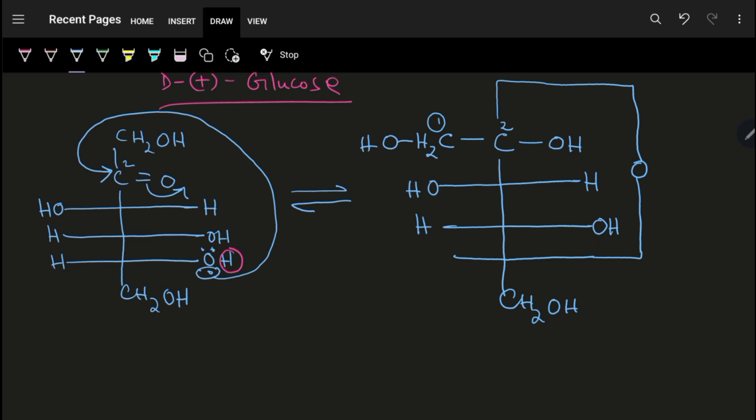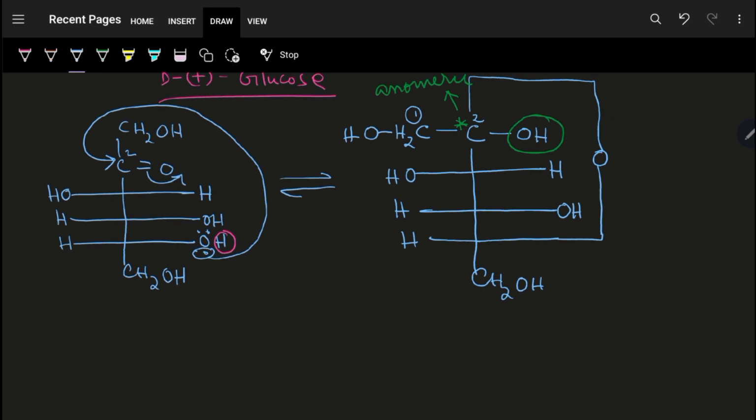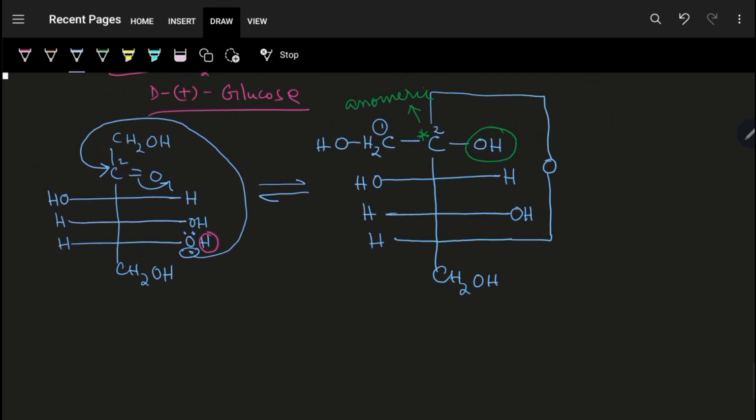It is like this. So this is the cyclic structure where we can see that the OH is on the right hand side at the anomeric carbon, which is carbon number 2. This is the anomeric carbon, and hence you say that this is the alpha form. So this is alpha D. Why?